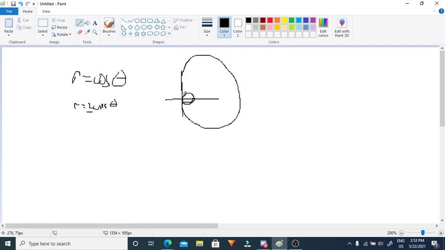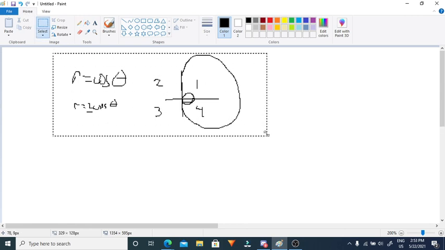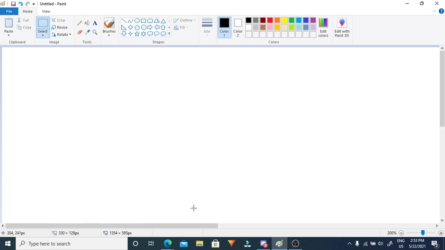I know it's a bad looking circle, but imagine an infinitely large circle that encompasses this first quadrant and this fourth quadrant. Which means all we're doing as k approaches infinity is taking the area of S, but only in these two quadrants. That's all we care about. So quadrants 2 and 3 are left out.